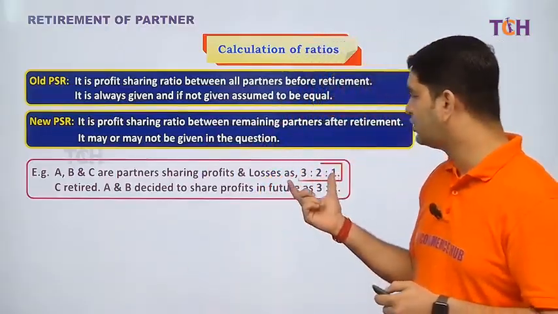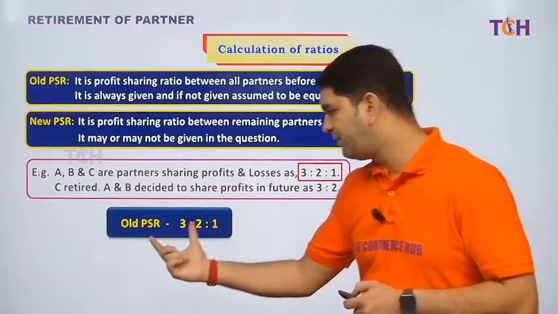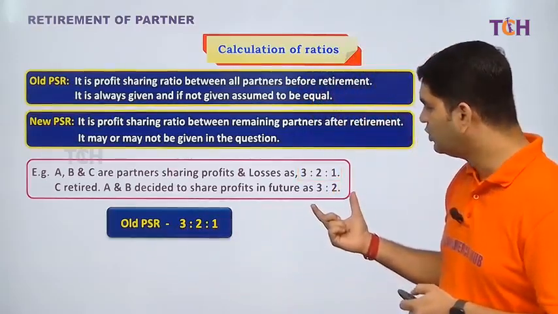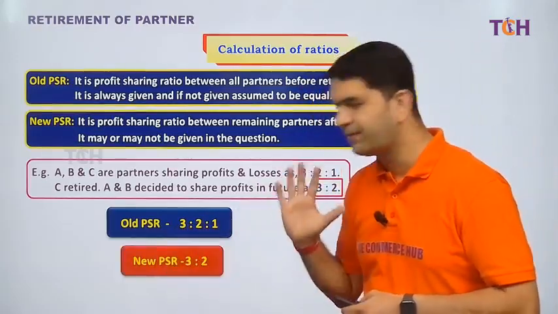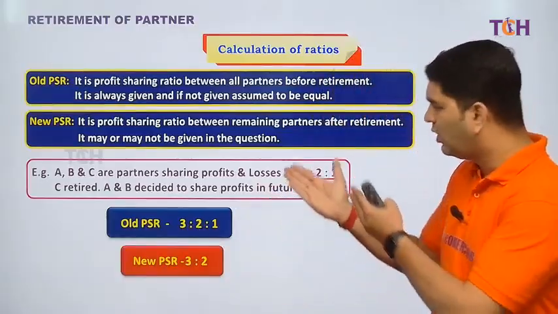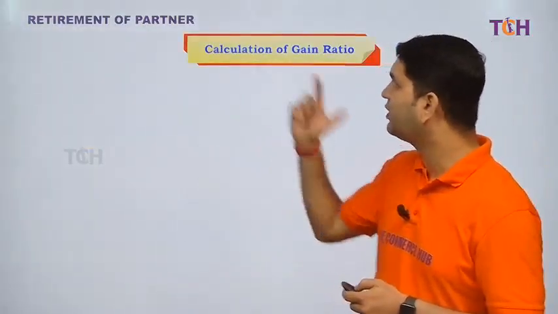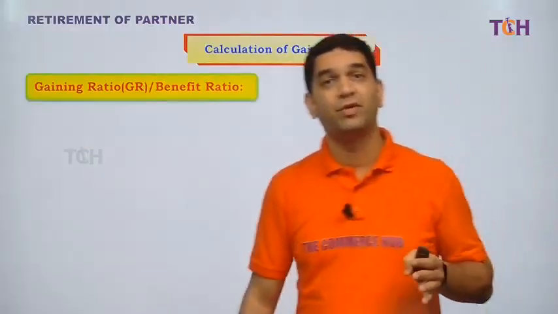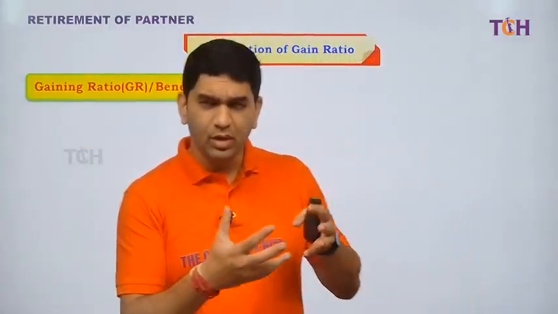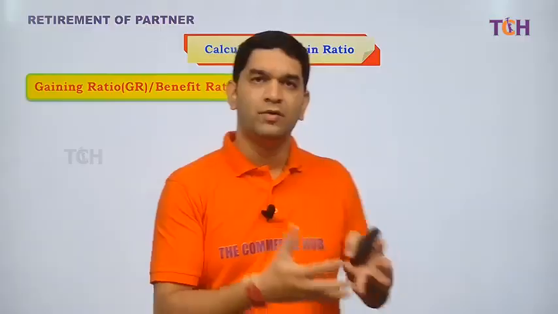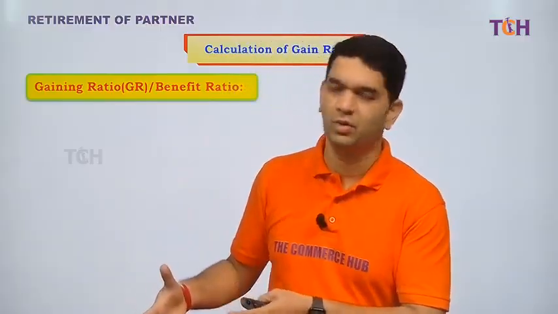So 3:2:1 is going to be old PSR and 3:2 is going to be new PSR. I hope you understand this. Everything is already given in this example. Now moving forward to the next one, calculation of gain ratio. Like in admission of a partner, we have sacrifice ratio, for this we have gain ratio.